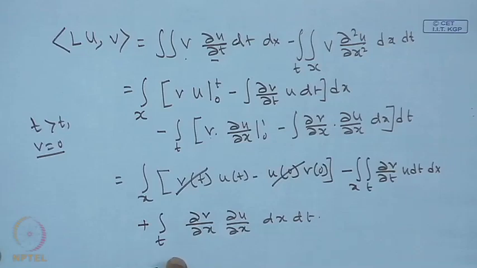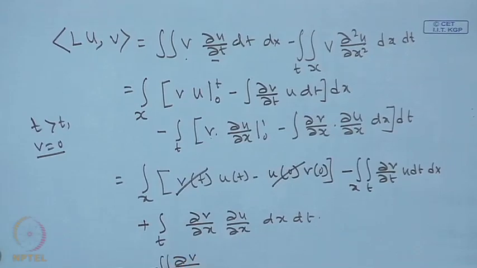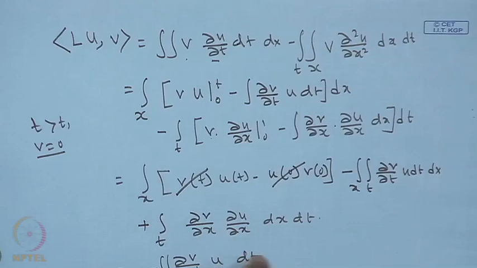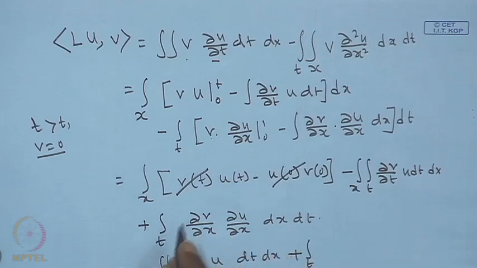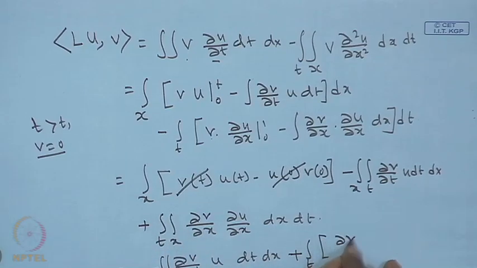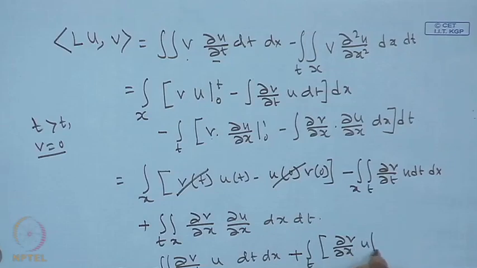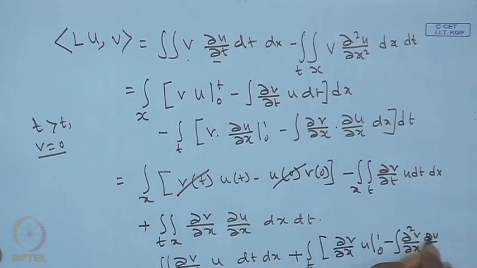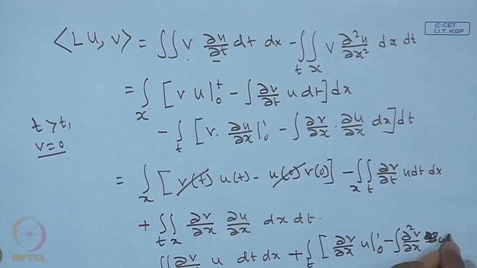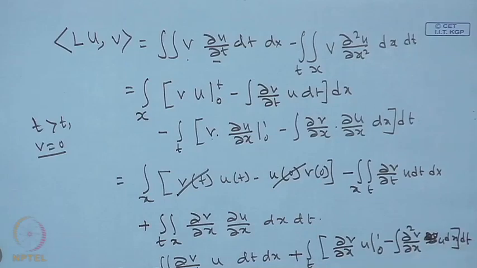So, what we will be having is minus double integral del v del t u dt dx, and one more integration here, first function, integration of the second function. So, plus the first function del v del x, integration of the second function u from 0 to 1, minus the differential of the second function, that is del square v del x square, integration of the first one, that will be u dx then dt. Okay.